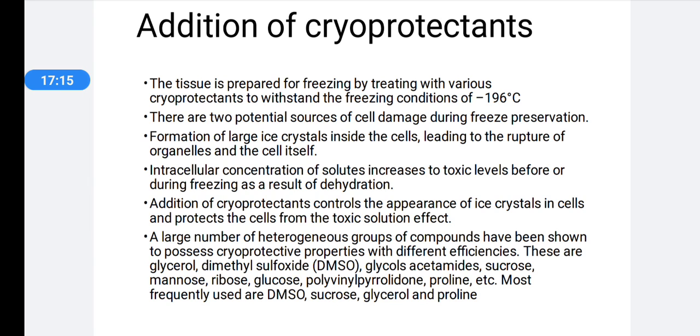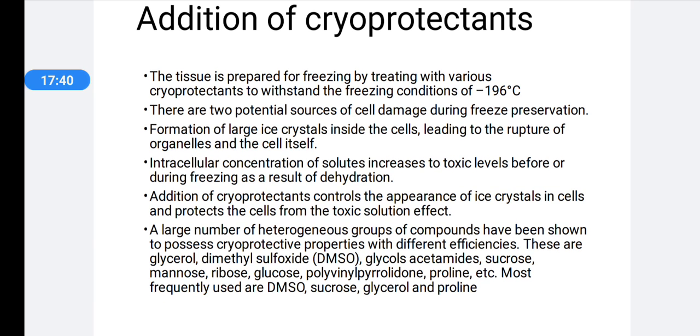The other damage is that intracellular concentration of solutes will increase to toxic levels before or during freezing as a result of dehydration. So we have to prevent these two conditions, and that is why we are adding cryoprotectants. They will control the appearance of ice crystals in cells, and also protect the cells from the toxic solution effect.